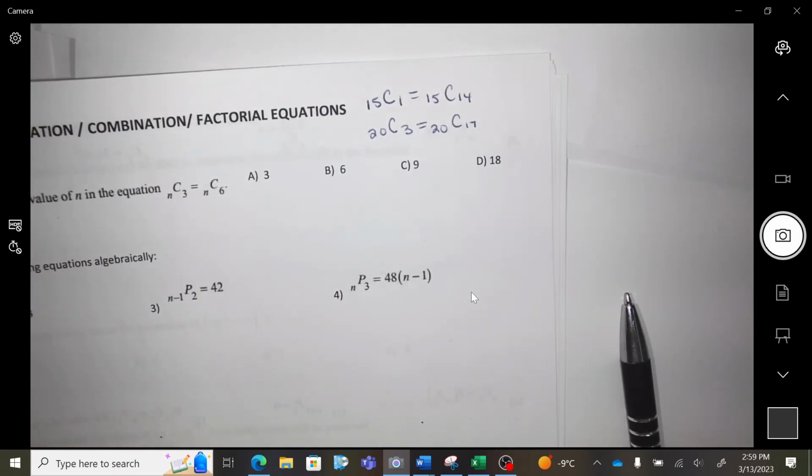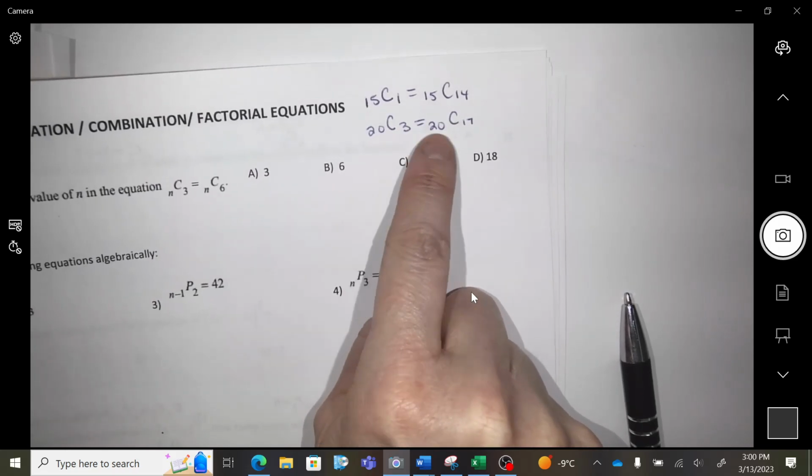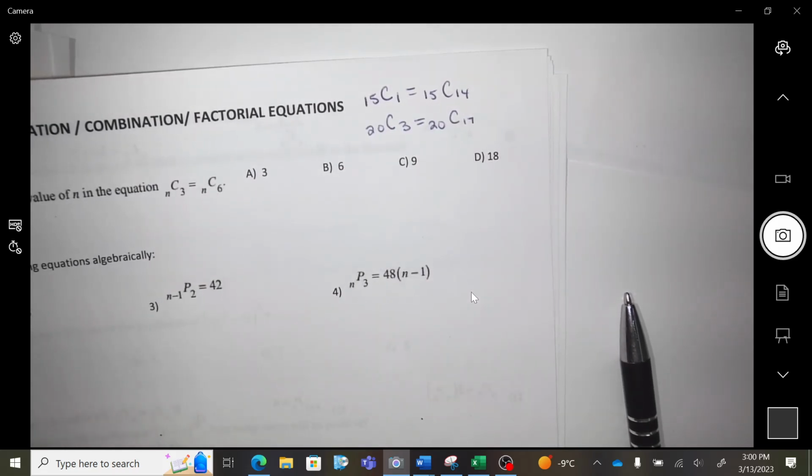Can you answer question 1? Do you see a pattern? What is going on? These two r values add up. So, can you answer question 1?